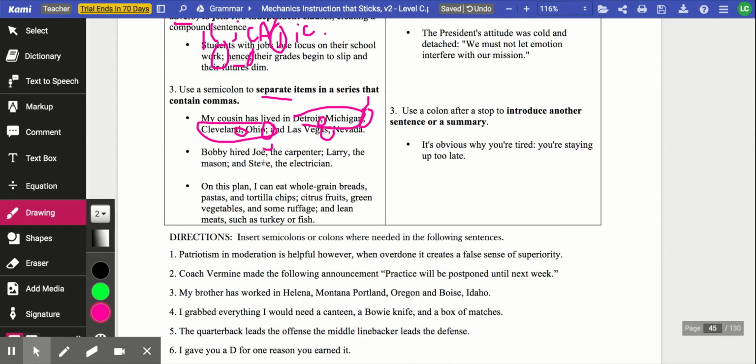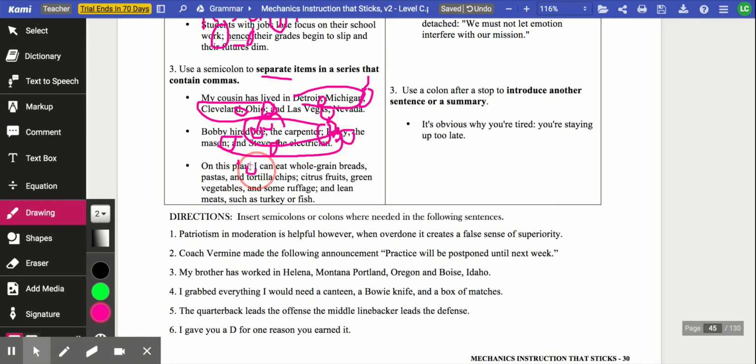Bobby hired Joe, the carpenter; Larry, the mason; and Steve, the electrician. Think about it. If we had commas in this list after carpenter and mason, again, we would get confused. We're replacing that second comma with a semicolon to show our reader Joe is the carpenter and Larry is the mason.